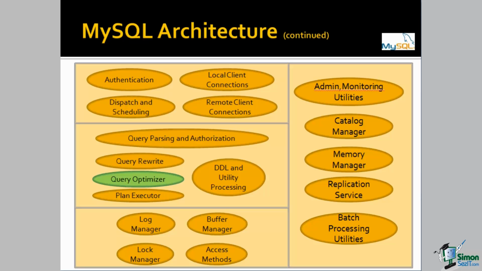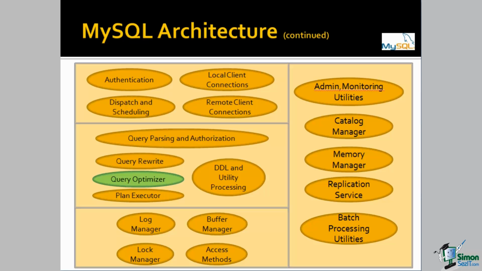However, the gold, the most important part of any database system is its brains in how it can find the best path to the data. That's the function of the query optimizer.